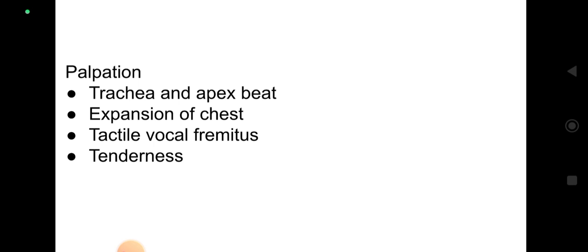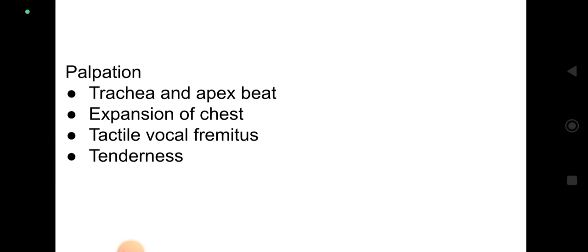The trachea and the apex beat are palpated to find out the shift of the mediastinum. The shift of the mediastinum to the side of disease occurs in fibrosis and collapse. Mediastinum is pushed to the other side in the case of pleural effusion and pneumothorax. Then expansion of chest is measured and compared on both sides.